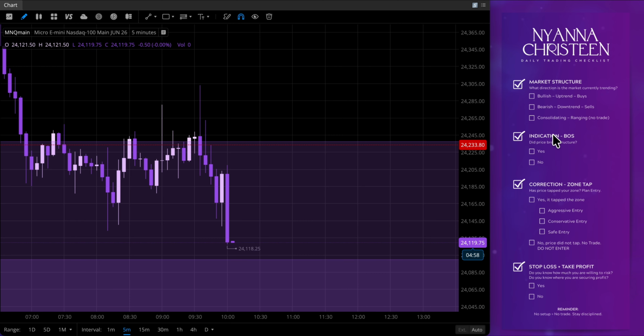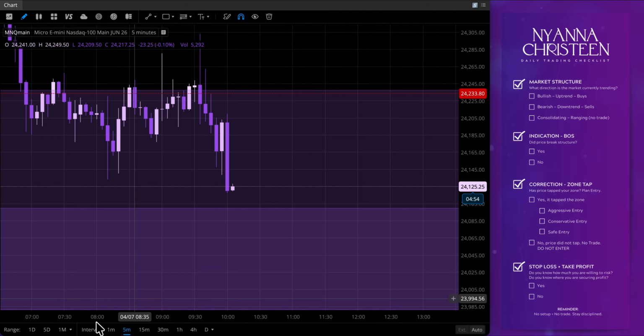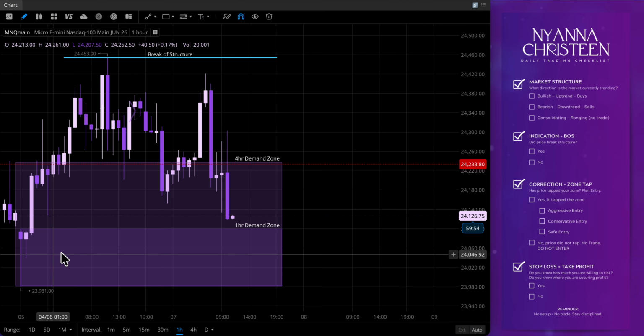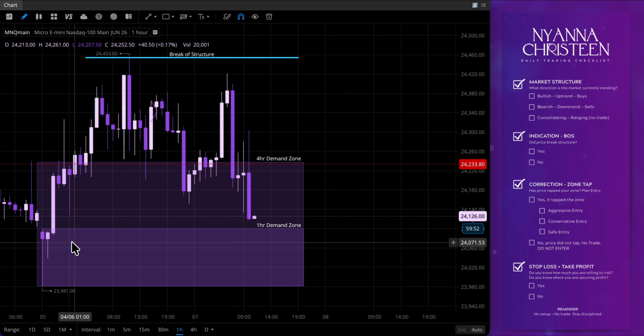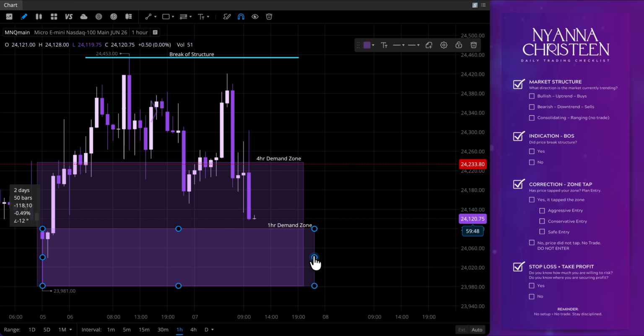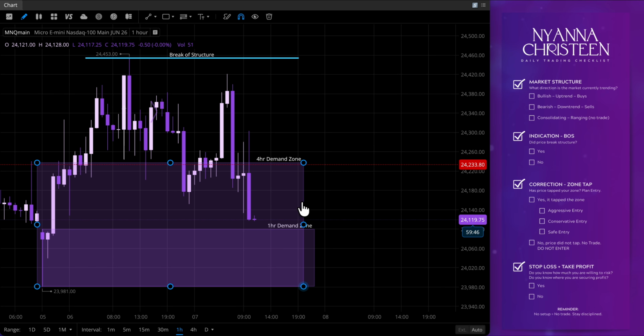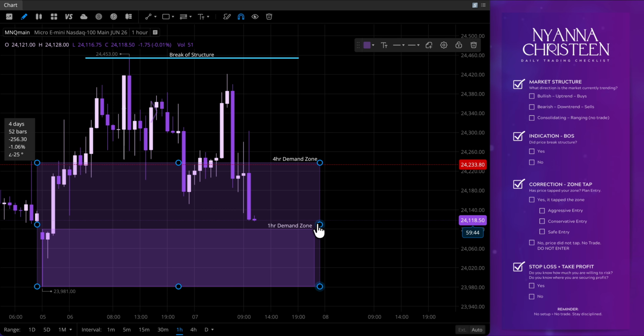It looks like price is about to come down and tap this 1 hour zone I was telling you guys about earlier. It did just hit 10 o'clock, so that would make sense.